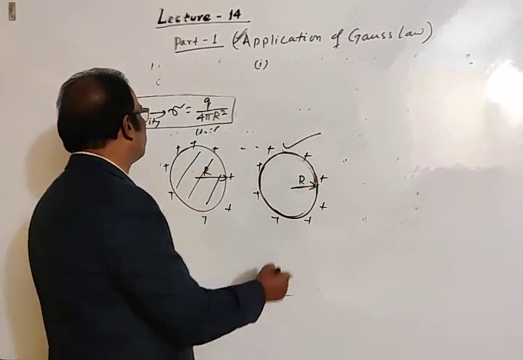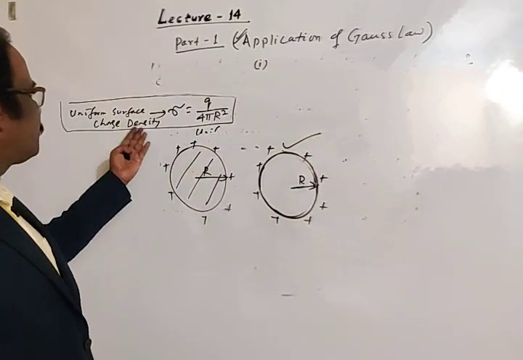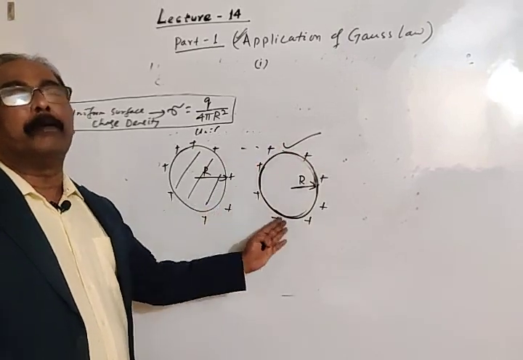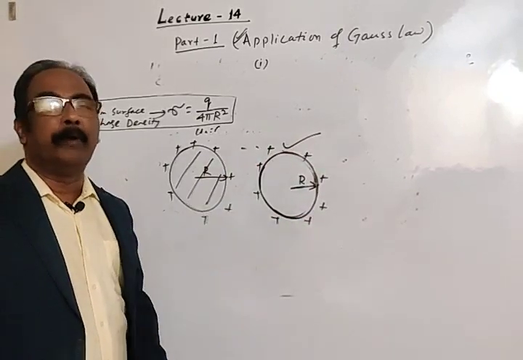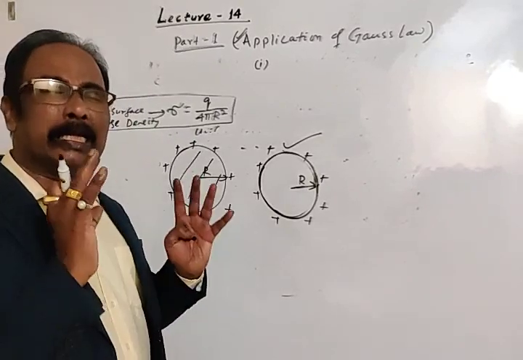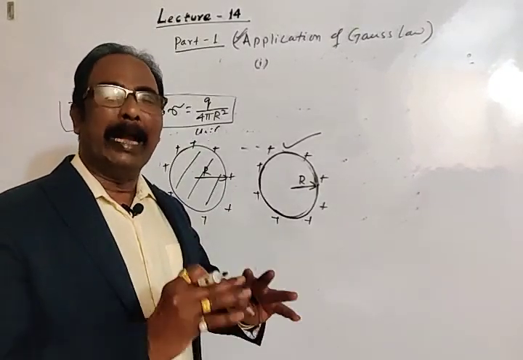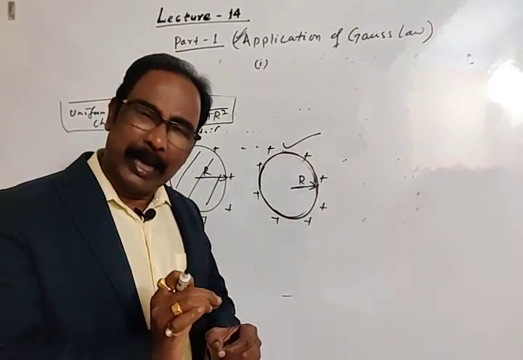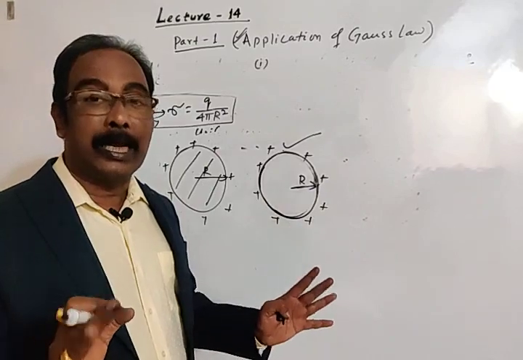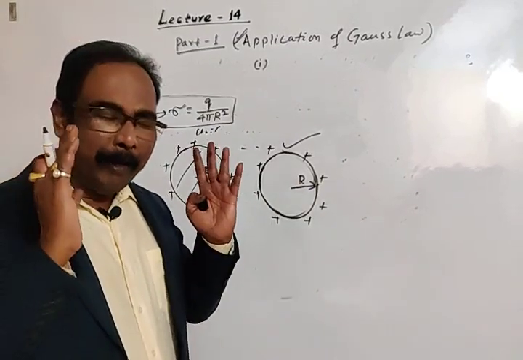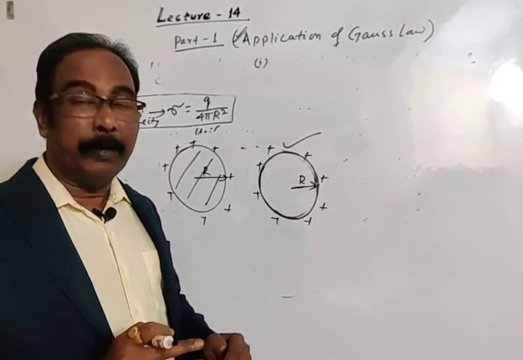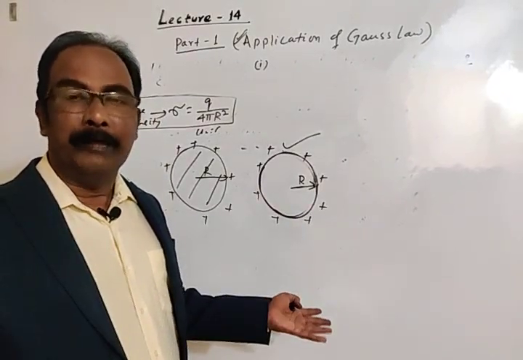So for this also, uniform surface charge density sigma is charge given Q divided by whole surface area 4 pi r square. Thus, electric field due to a conducting solid sphere and thin spherical shell, may be conducting, may be insulating, if charge and radius are same, then electric field at each consideration for different positions will also be same.